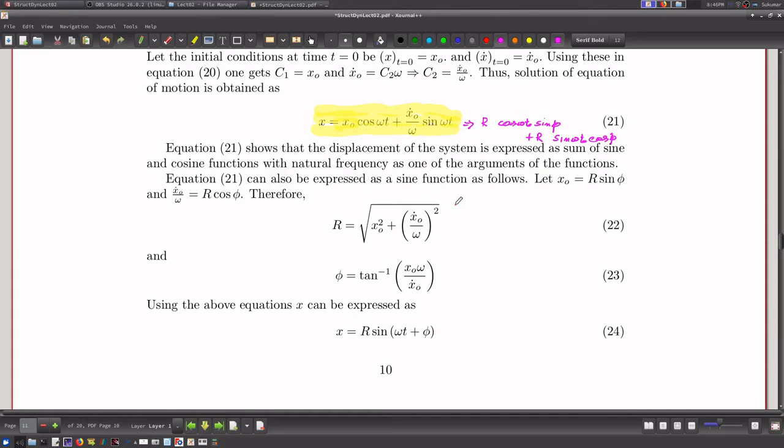R, I can just square and add these two terms, then I will get r square times sine square phi plus cos square phi, and therefore r will be given by this quantity, and tan phi will be given by x naught divided by x dot naught by omega, right?